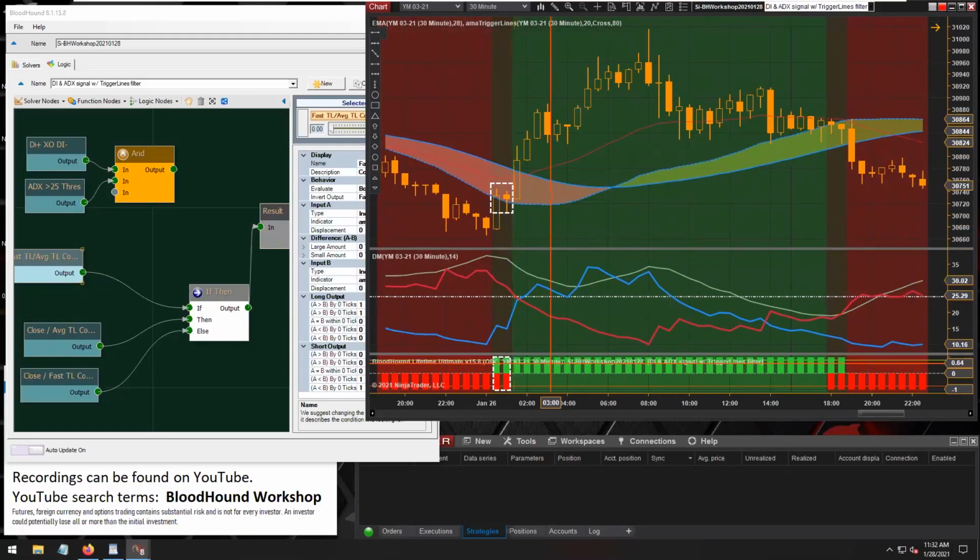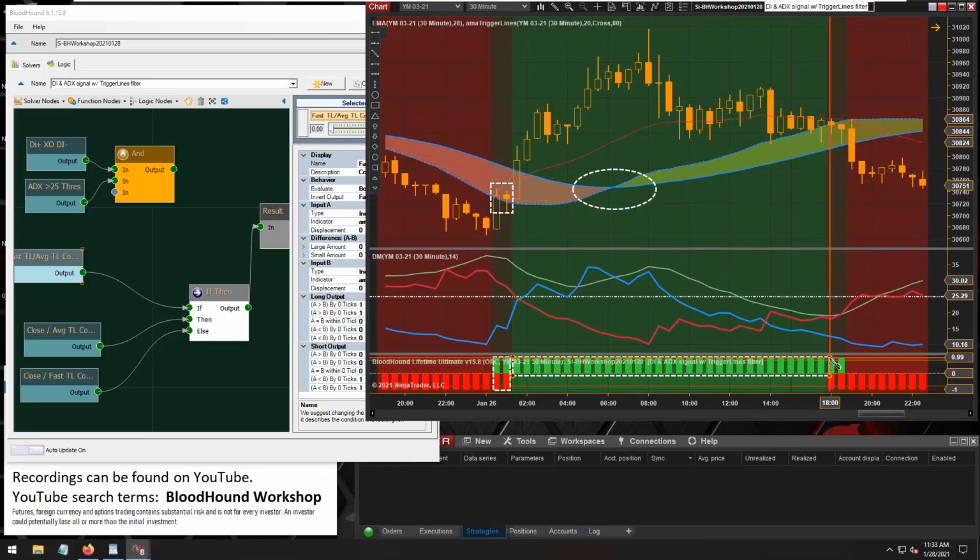So if we look at this, as long as the closing price is above, and this is a perfect example here. Yeah, this worked out perfectly right here because our trigger lines are crossed down and then they cross up. And we can see that as long as the closing price is above the trigger lines, all we get is a long output, right?